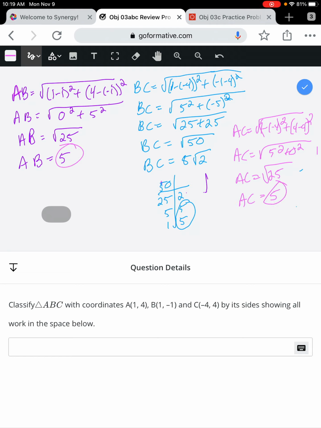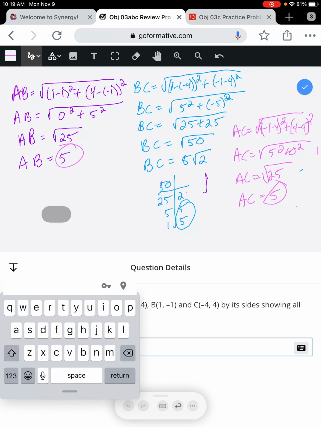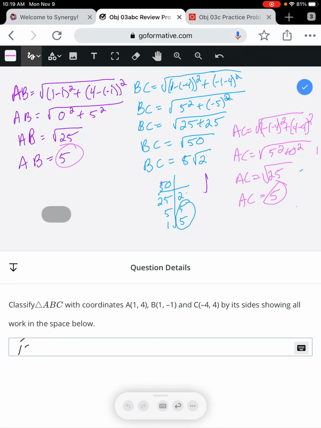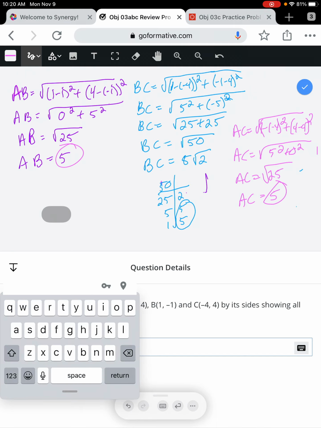I have 5 there and 5 there. So I have two sides that are the same. So this is going to be isosceles. Okay, I'll give you the idea. This is going to be isosceles.